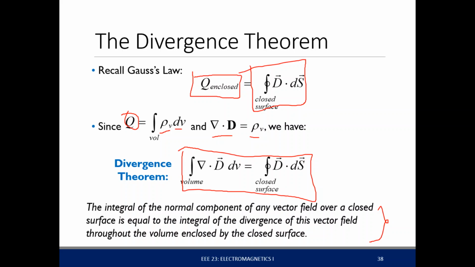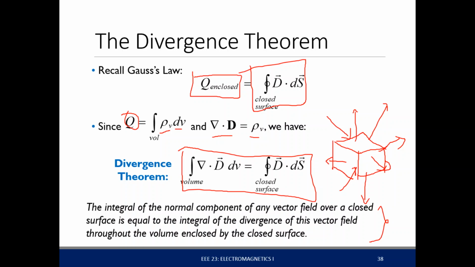This is the divergence theorem. What it says is that if you have a volume, let's say a cube, there's a flow of vector field going out of that cube or going into the cube, whatever.